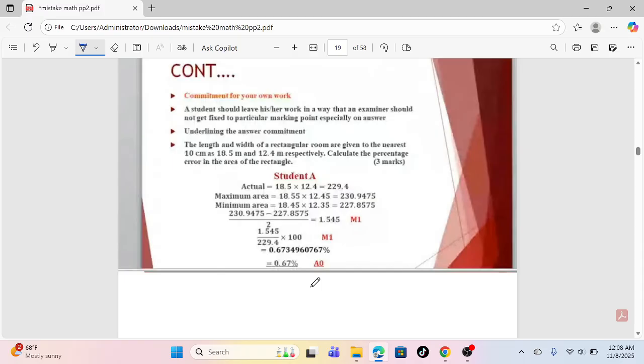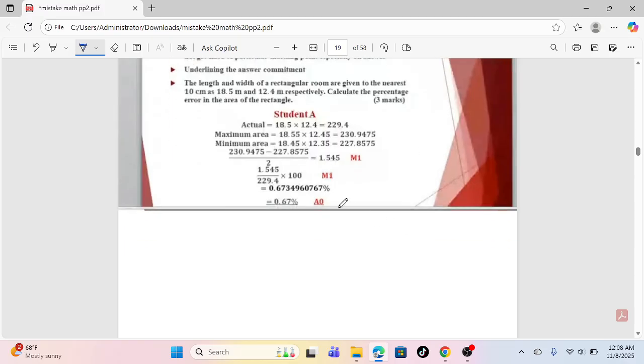For example, the question: calculate the percentage area of the triangles or rectangles. The question does not tell you to give the answer to a significant figure or decimal places. Today the student took 0.67, and we said in case the question does not specify significant figures or decimal places, always choose the first significant figure. So the student just put 0.67.